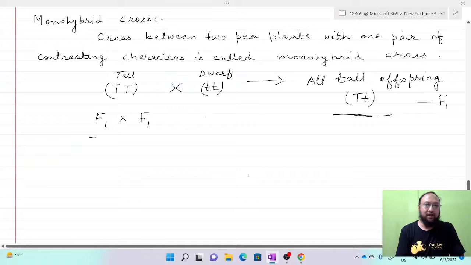He took tall plants from the first filial generation and crossed tall with tall.